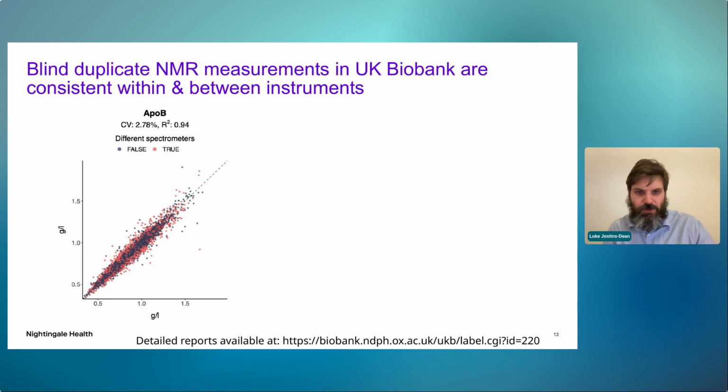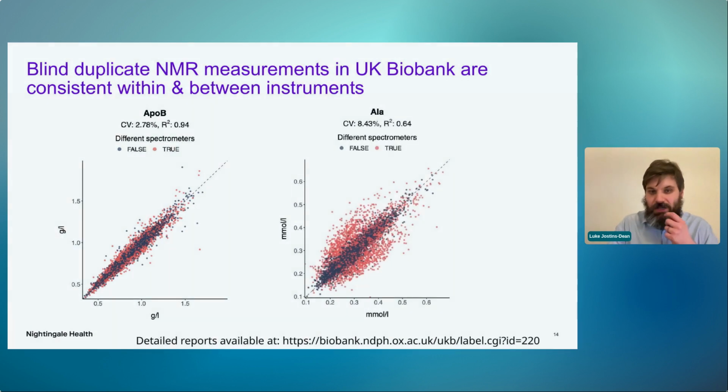We were quite happy with the quality of our data. This plot shows the correlation between two replicates of the apolipoprotein ApoB, and you can see a very good correlation. The dots in black were measured on the same spectrometer. The ones in red are on different spectrometers. They both showed a very good correlation between the blind duplicates. In the early stages we did have some markers that didn't look quite as good.